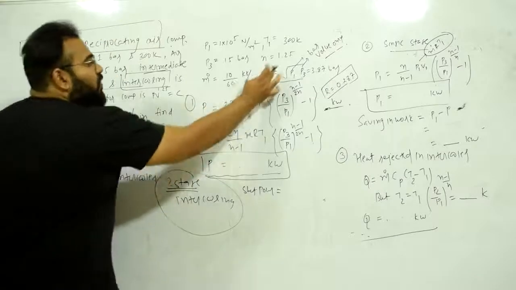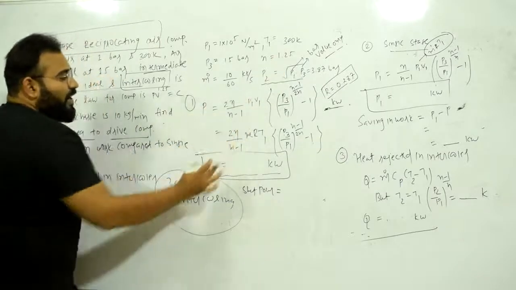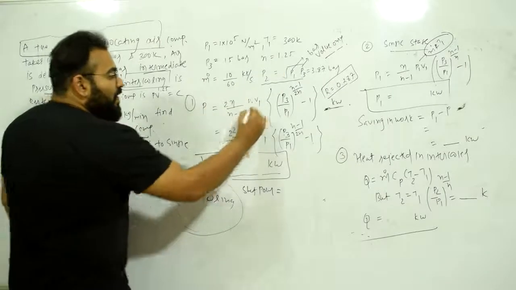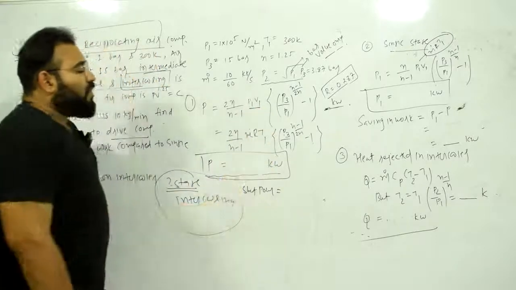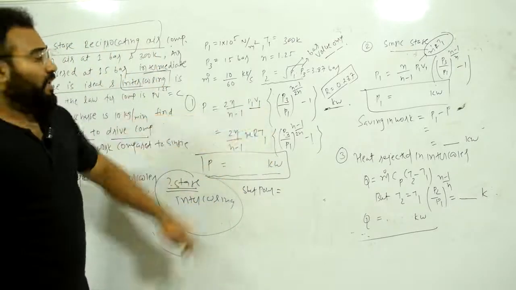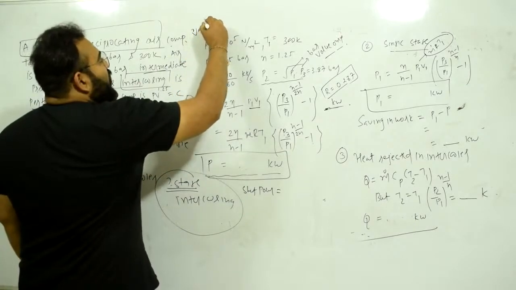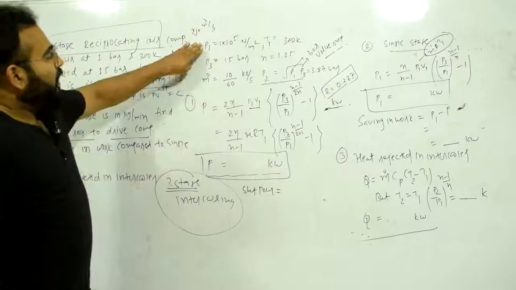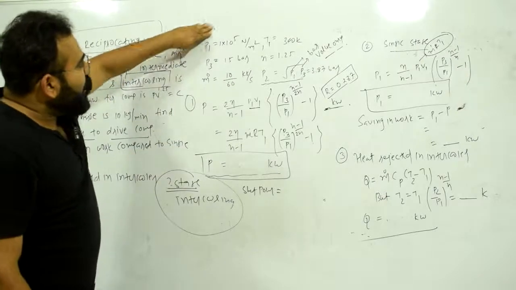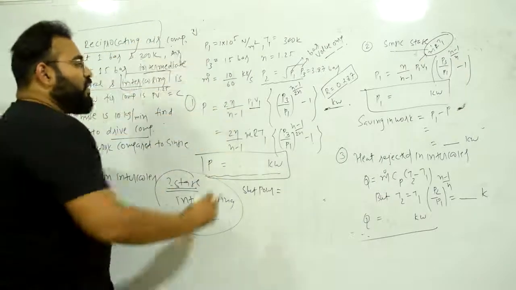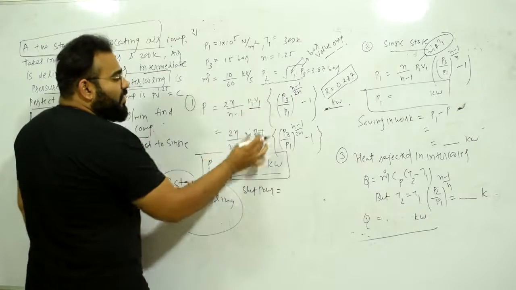2n is equal to what? 1.25, so put 1.25. Now instead of P1 V1, I will write mRT1, because volume V1 is not given. In some examples they will give the volumetric flow rate in meter cube per second, and that is how you find the volume. But here volume is not given, so whenever the volume is not given, you have to convert P1 V1 into mRT1.